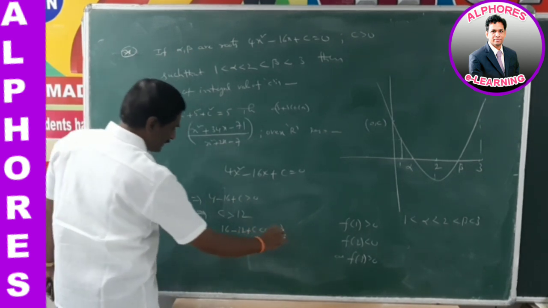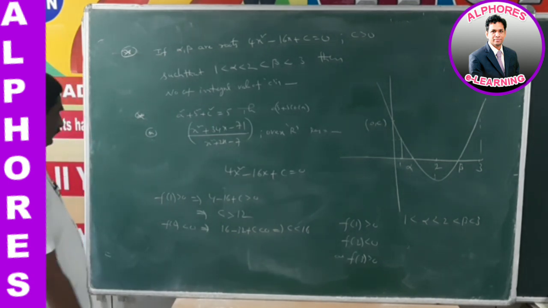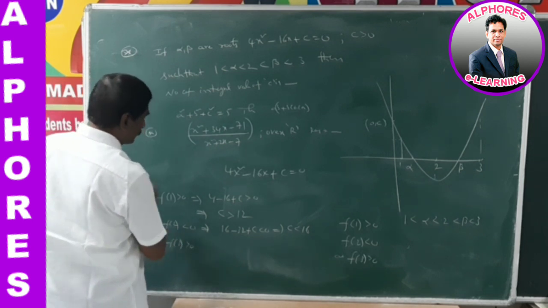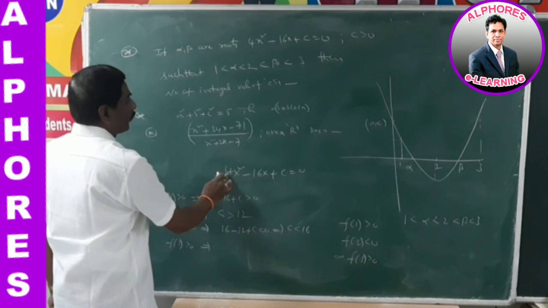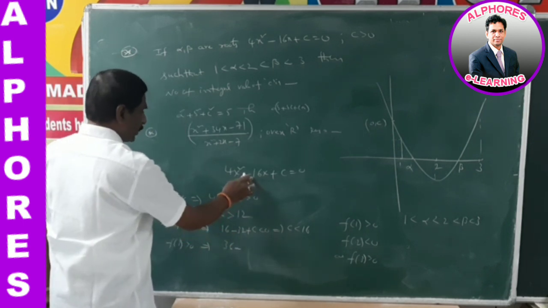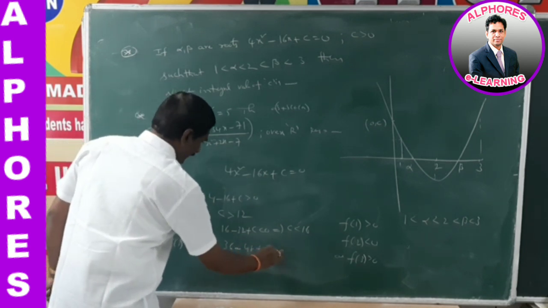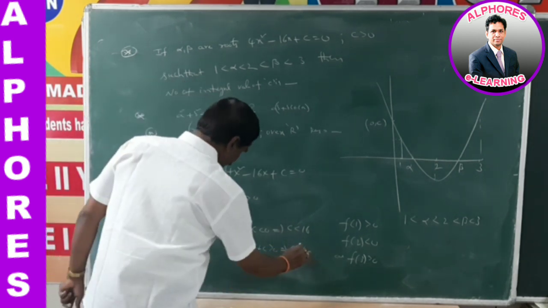That implies c less than 16. Next, f(3) greater than 0 means 4 into 9 is 36, minus 16 into 3 is 48, plus c greater than 0. That implies c is greater than 12.